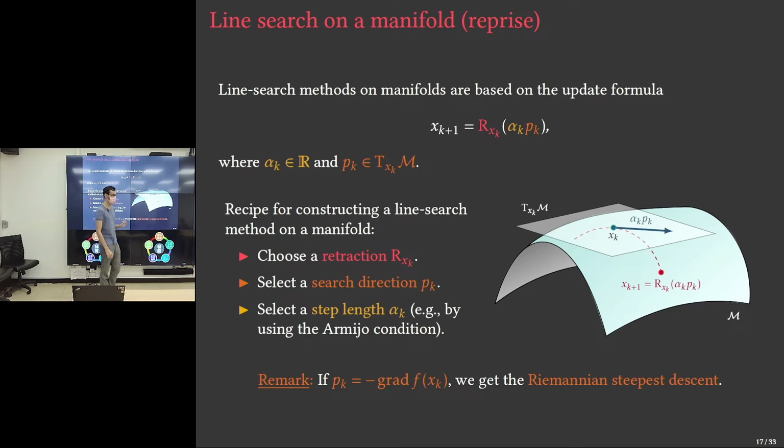Descent, because it considers a descent direction, a direction in which the objective function decreases, and steepest because it considers the direction for which this decrease is the optimal, the maximal one. If you say gradient method, it might be okay, but there are also other methods called gradient method which are not in optimization. So I prefer this term. But in the paper, I think they call it gradient method, if I remember well.